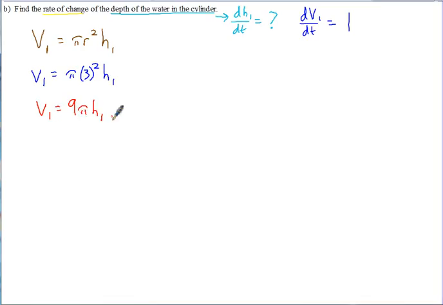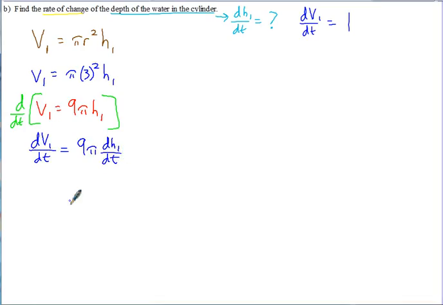Now we can take the derivative, because now we just have the variables whose rates we either know or are looking for. We know dv sub 1 dt and we're looking for dh sub 1 dt. So let's take the derivative with respect to time. Since it's implicit differentiation, we get dv sub 1 dt equal to the derivative of 9 pi h sub 1. 9 pi is just a constant on the front. So just like the derivative of 5h would be 5, the derivative of 9 pi h sub 1 would be 9 pi, but then we need dh sub 1 dt.